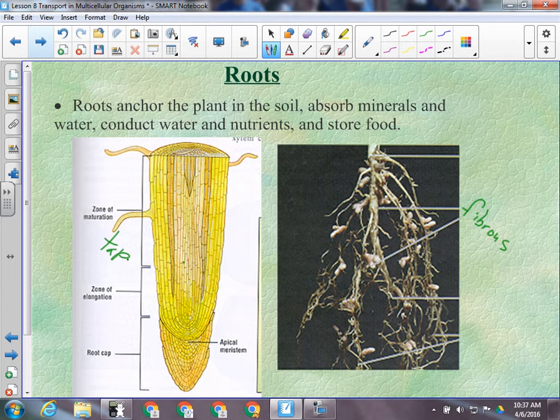Fibrous roots also oftentimes have little nodules on them that you don't see on a taproot, and those nodules contain bacteria. Now you might be thinking, well, that's not good. Bacteria make you sick. Some do. But some bacteria are helpful. In this case, these bacteria take nitrogen out of the atmosphere. Our atmosphere is actually 80% nitrogen.